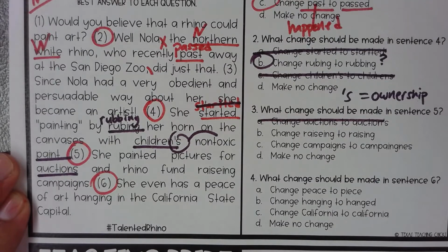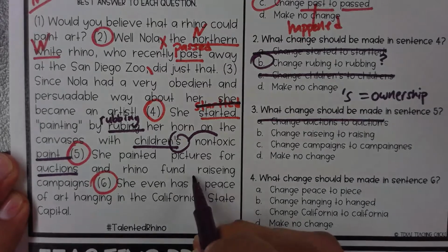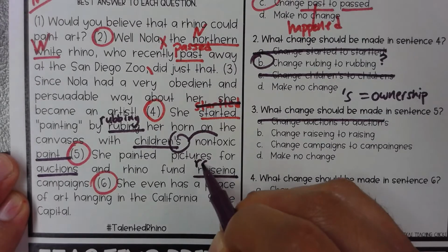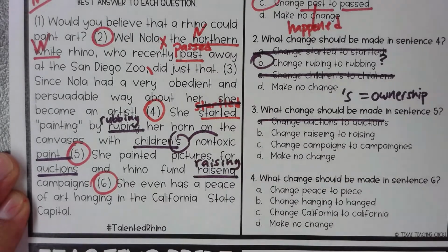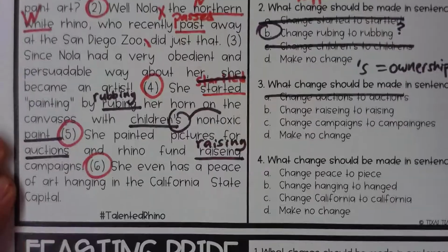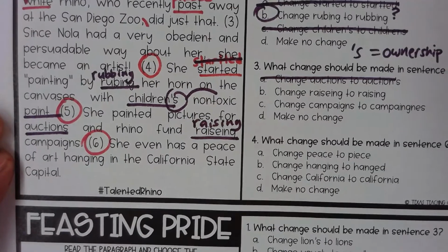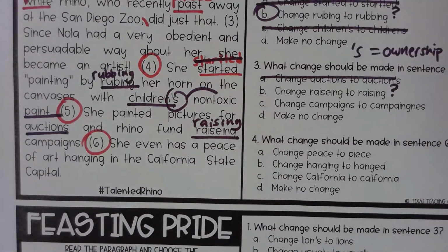Change the spelling of raising. So I'm going to underline it and write the possible spelling change above it. I need to plug it in so I can see it for myself, and I checked my dictionary, and that's how you spell raising, so it could be B. Now another spelling change, campaigns to campaigness.